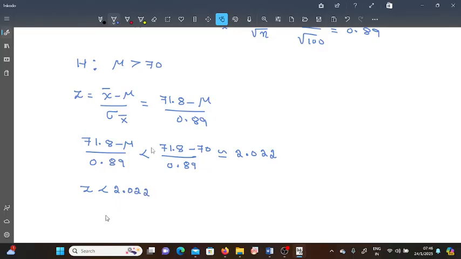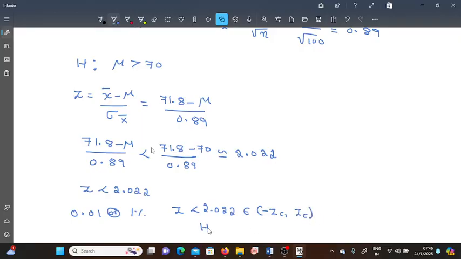If we consider the 0.01 level of significance or 1% level of significance, the Z score lies in the given interval, that is Z less than 2.022 belongs to the interval minus zc comma plus zc.